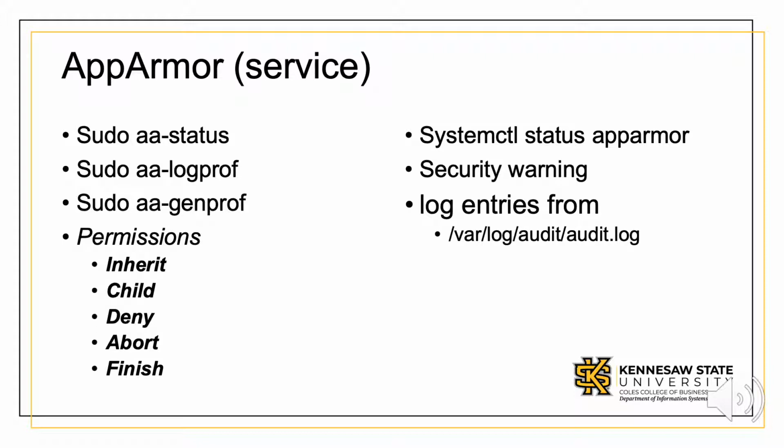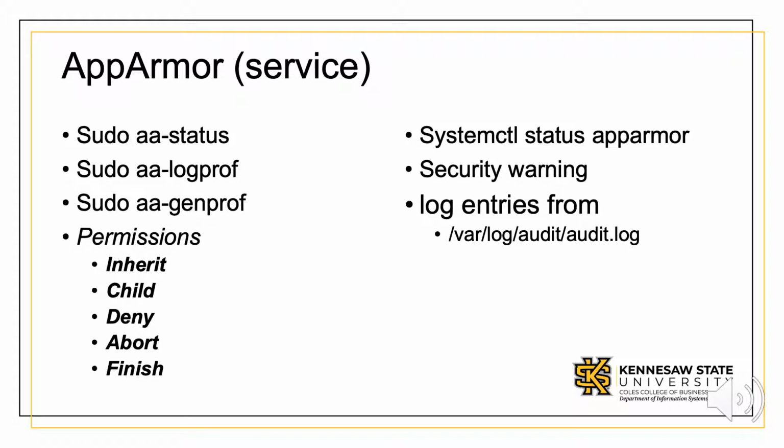There are several basic commands that need to be known when it pertains to AppArmor, specifically status, logprof, and genprof. Status has three specific modes: an enforcement mode, a complain mode, and an unconfined mode.